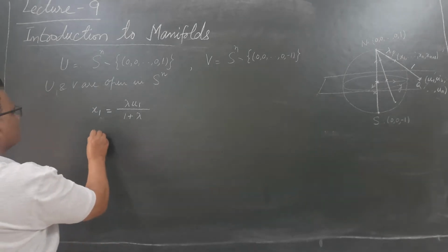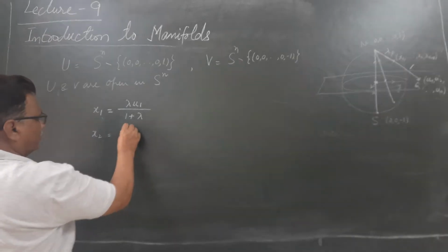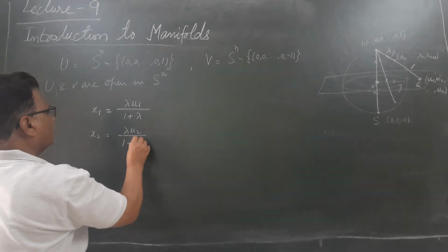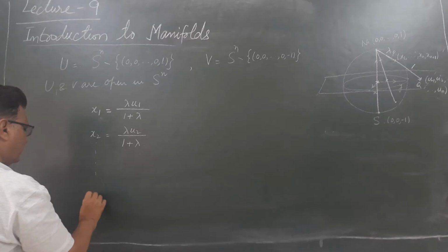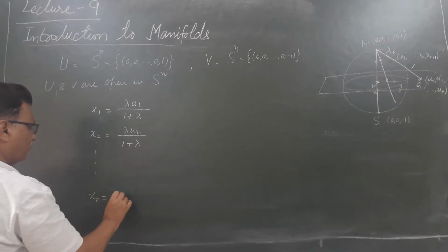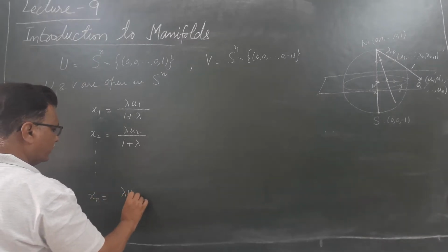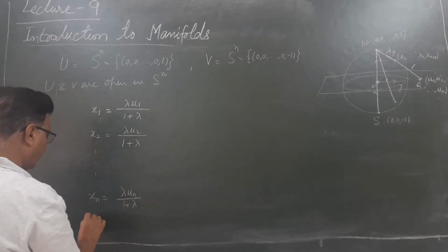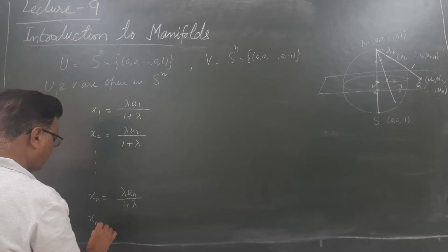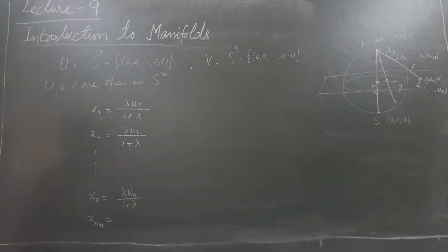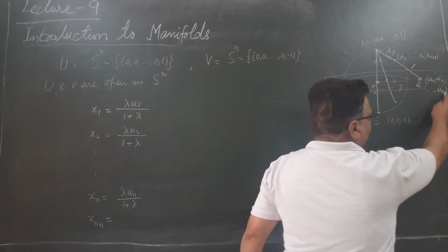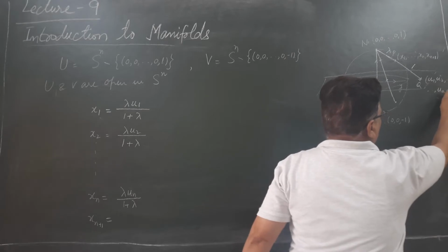Similarly, x2 will be equal to lambda u2 upon 1 plus lambda. And lastly, xn will be lambda un upon 1 plus lambda, and xn plus 1 is also there. That must be lambda times, since the n plus 1th entry is missing, I can assume it is 0.